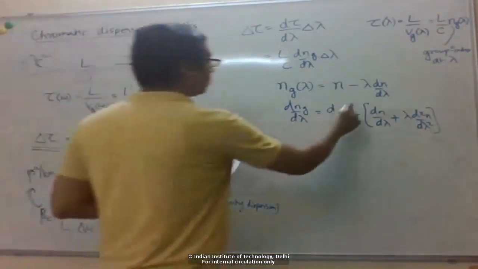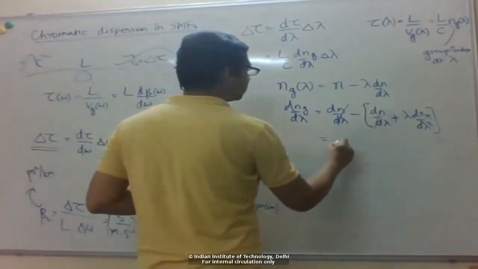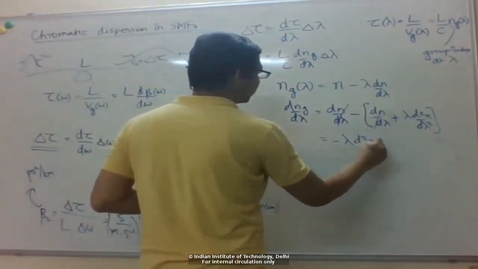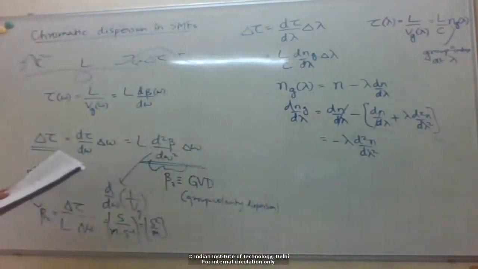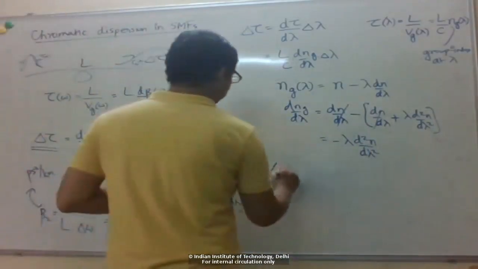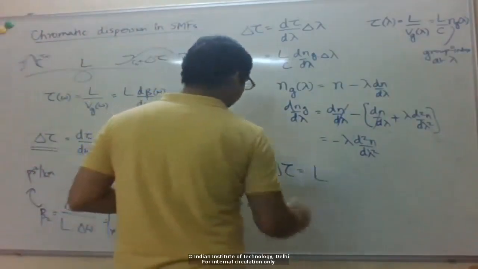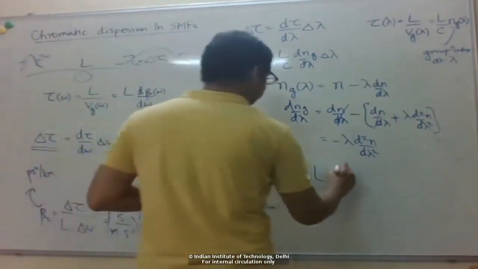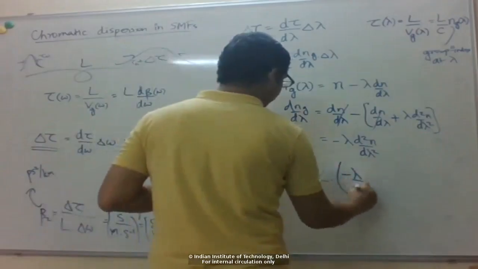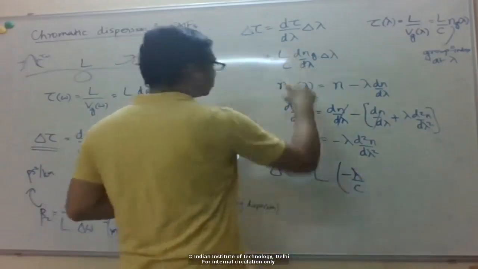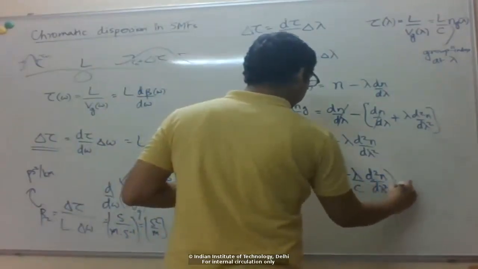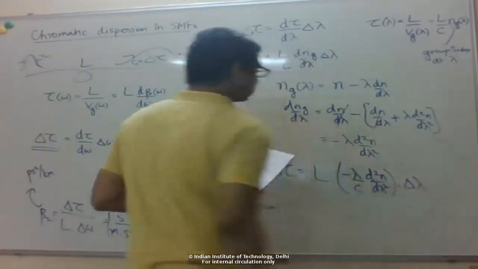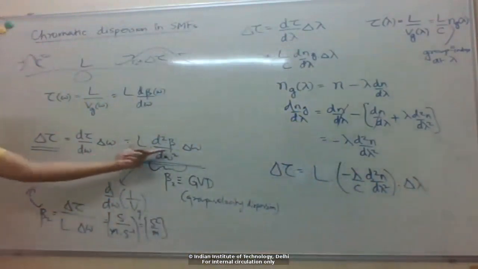The first term cancels out here, and we are left with the second derivative of the refractive index with respect to wavelength. So the broadening I can write as some length times this quantity, with the c going in here, times the bandwidth. Okay, so now this looks similar to before.